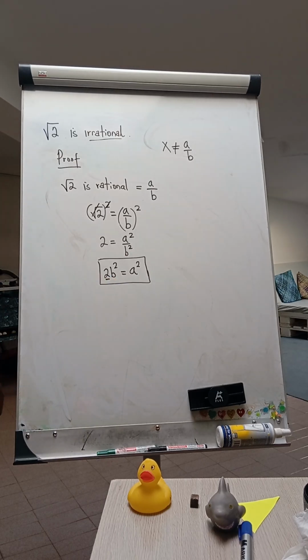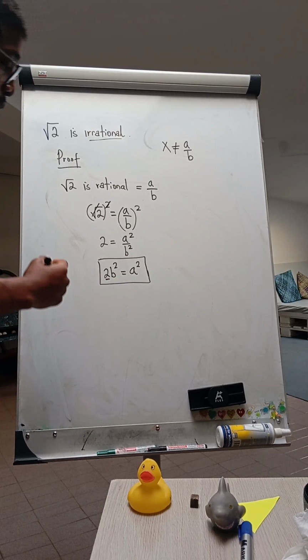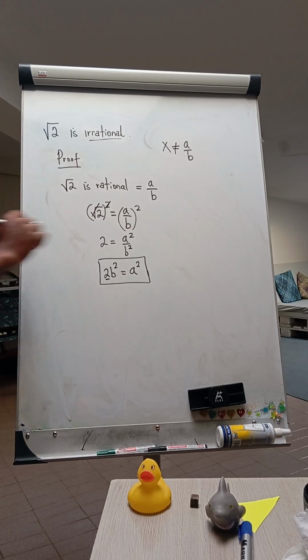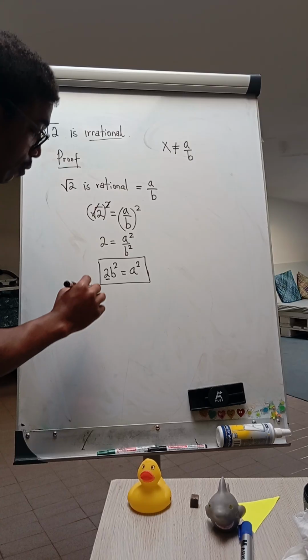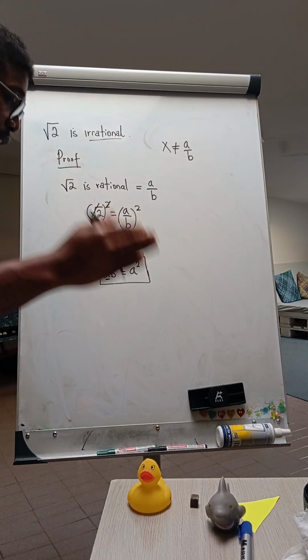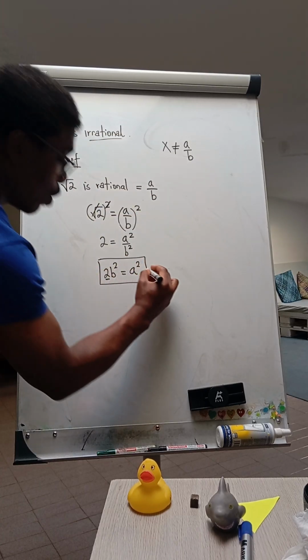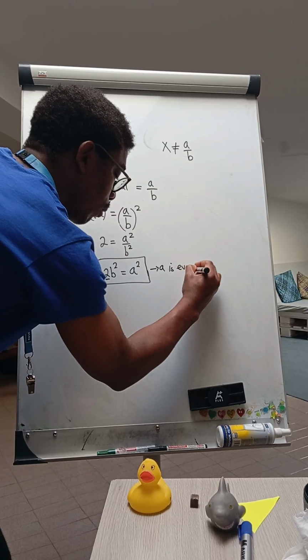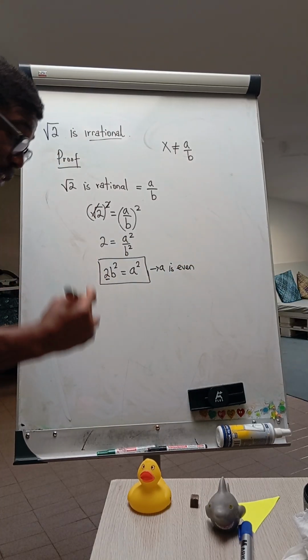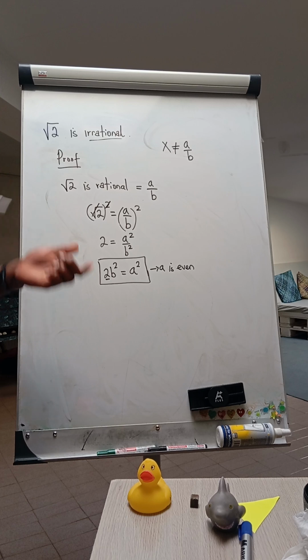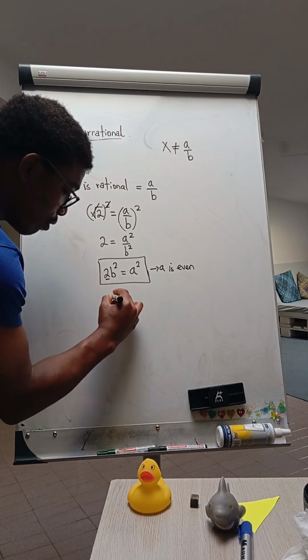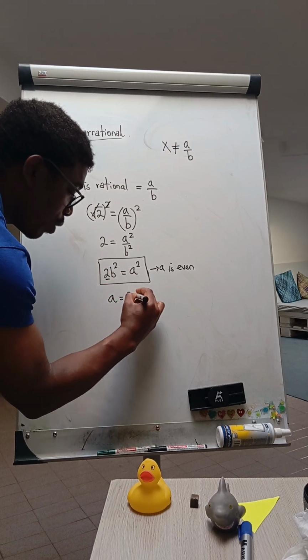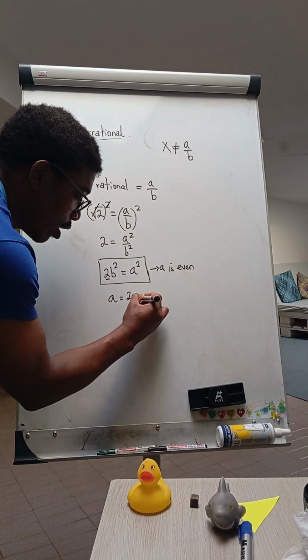Every positive even number has 2 as its factor, for example 2, 4, 6, 8, and so on. Every even number can also be expressed as 2 times an integer. So if a is even, we can say that a is equal to 2 times, let's call it integer c.